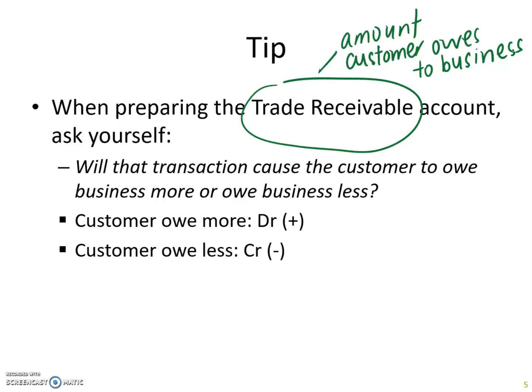Okay, and we also know that trade receivables is an asset. Okay, and an asset has a debit nature. So when customer owes more, debit is a plus. Customer owes less, credit is a minus.